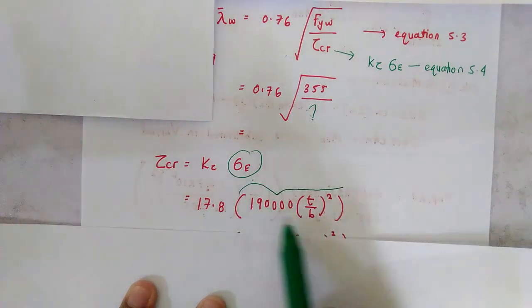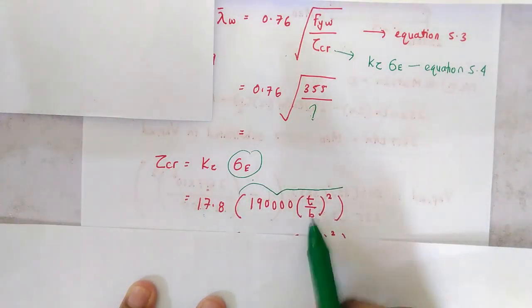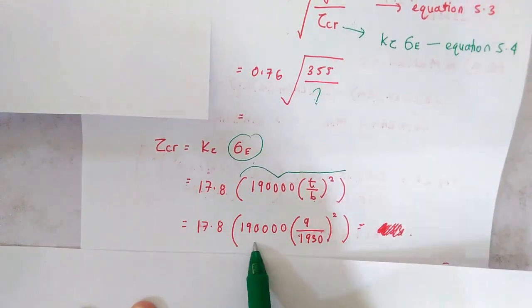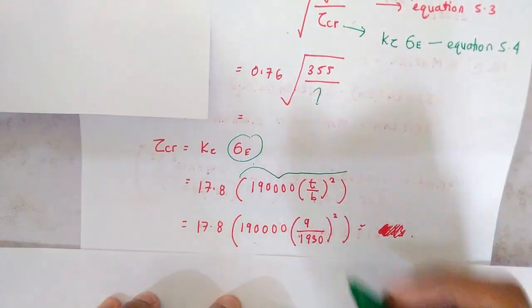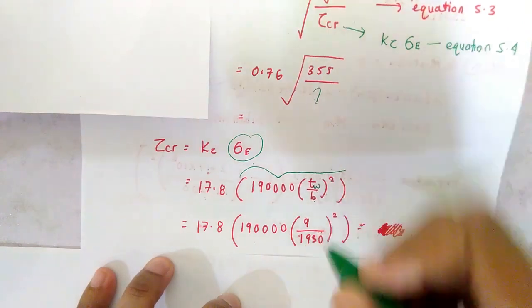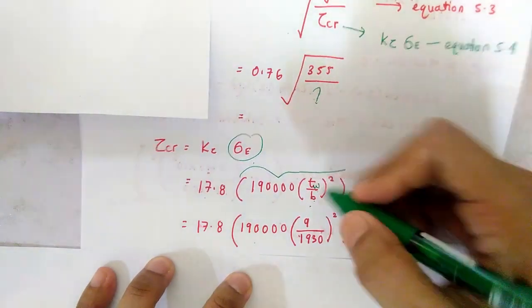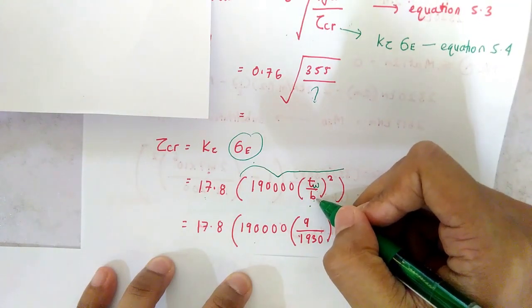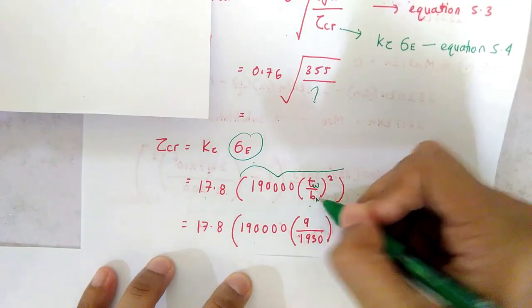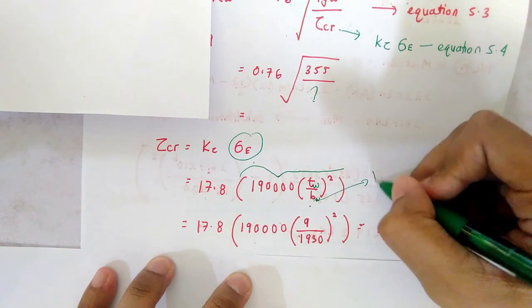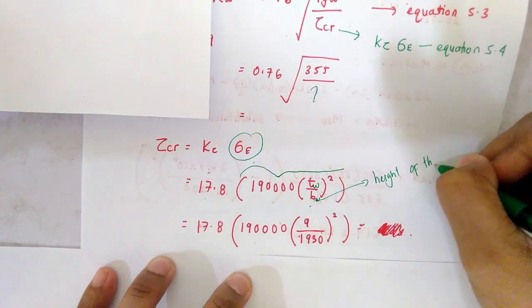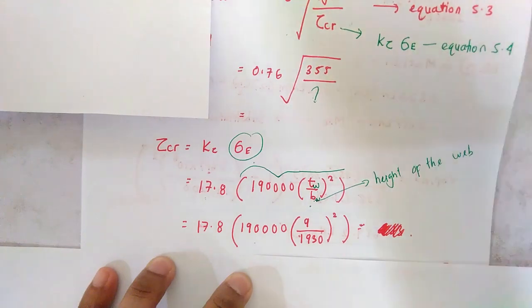Here, what is your T and what is your B? T represents the thickness of the web, and B represents the height of the web.